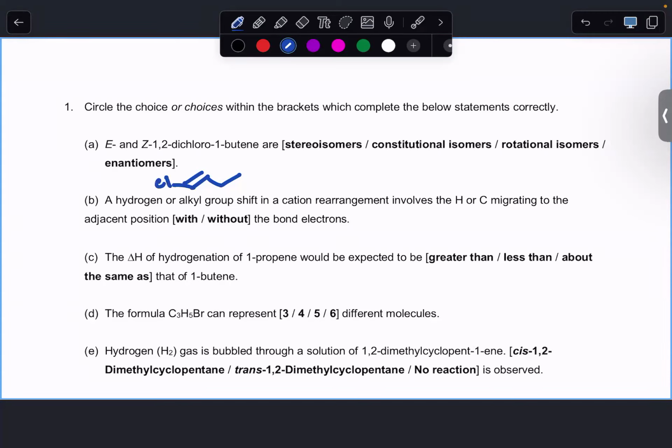We also have 2 chlorines like that. Would this be the E or Z isomer, the way I drew it here? Z, that's right, because the 2 highest priorities are on the same side, and that means that the E isomer would look like this right here, right?